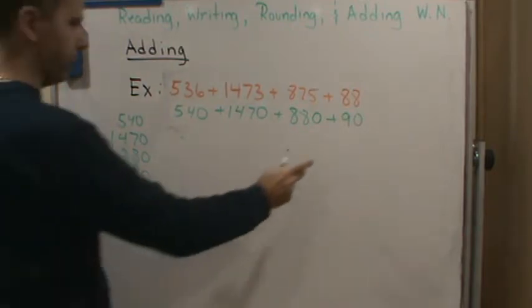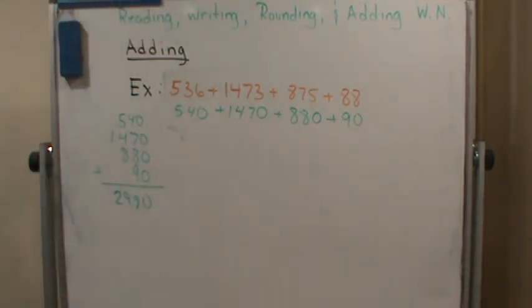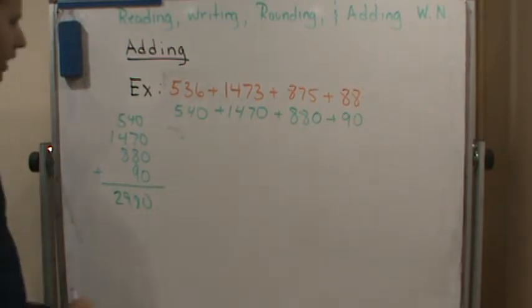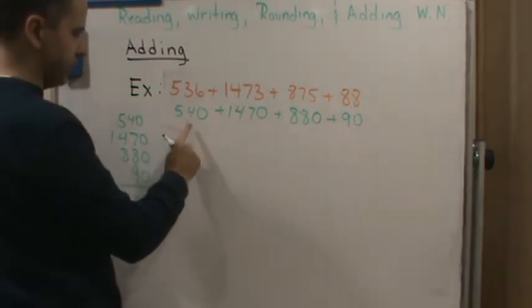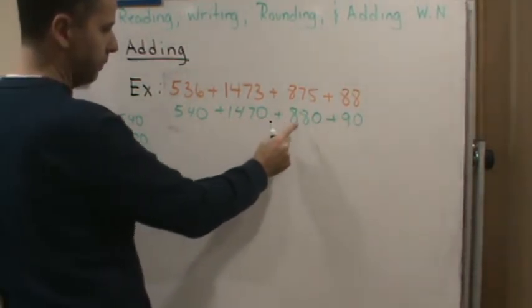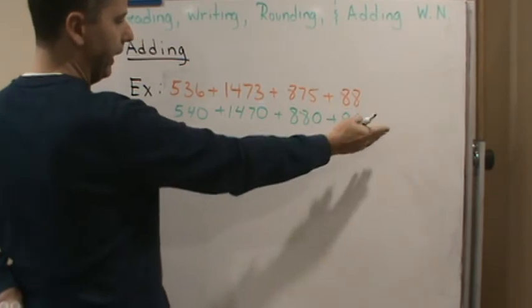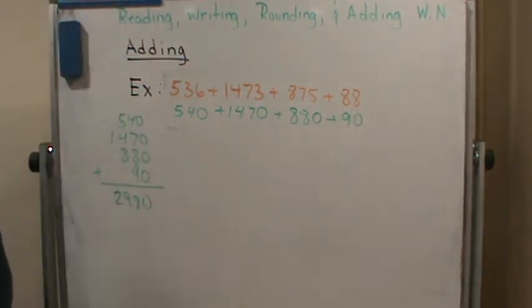Or actually, that last one would be 100. So it would be close to 3,000. Okay, so that's what we could have done here, is just round these to the hundreds. And so take 500 plus 1,500 plus 900 plus 100, and then add those up. But that would have given us 3,000. So we know our answer has to be close to 3,000.